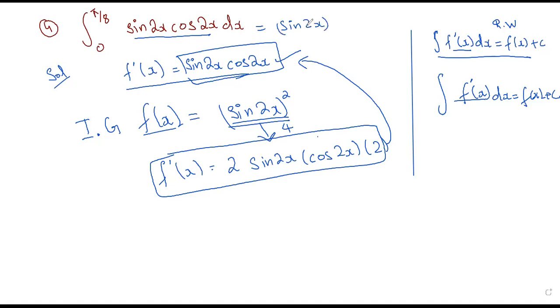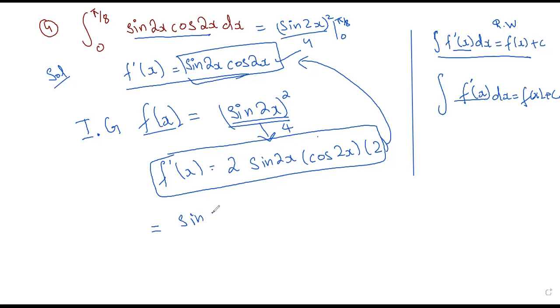So now you know that the integral would be sine 2x whole square by 4, from 0 to pi by 8, right? And this is basically a definite integral. Okay. Now you simply have to insert values, okay? So how would you do that?